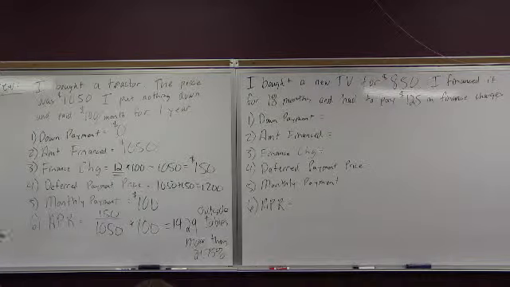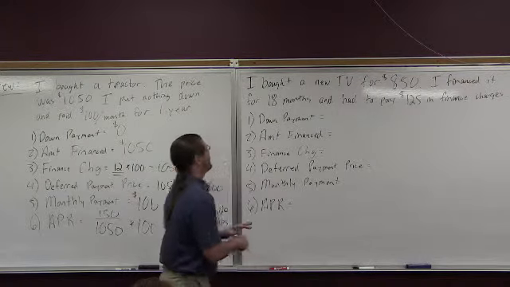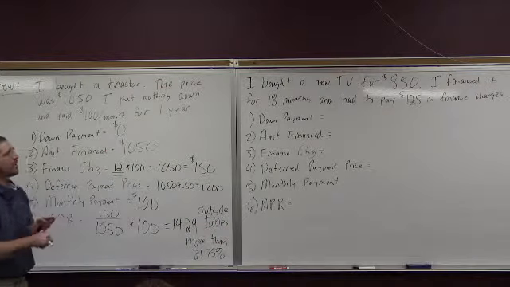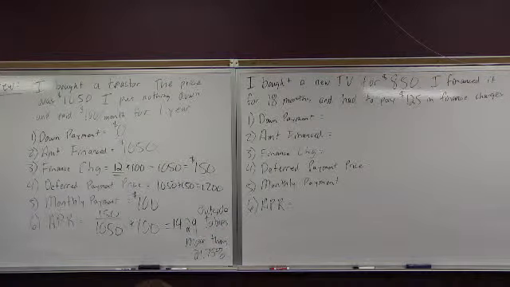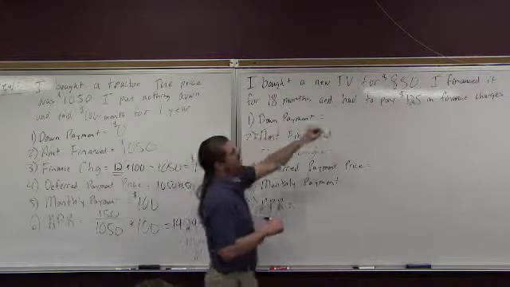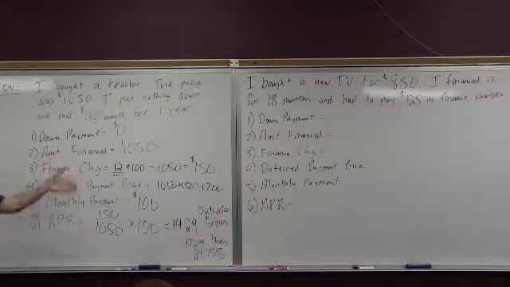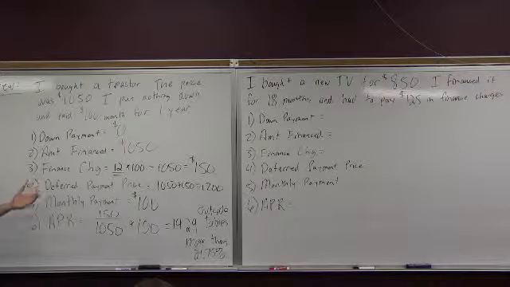Alright, so let's try our next one. I bought a new TV for $850. I financed it for 18 months and had to pay $125 in finance charges. Same type of problem, except instead of giving you the monthly payment, I give you what the finance charge is. So, find the same 6 pieces of information. How much should I put down this time?